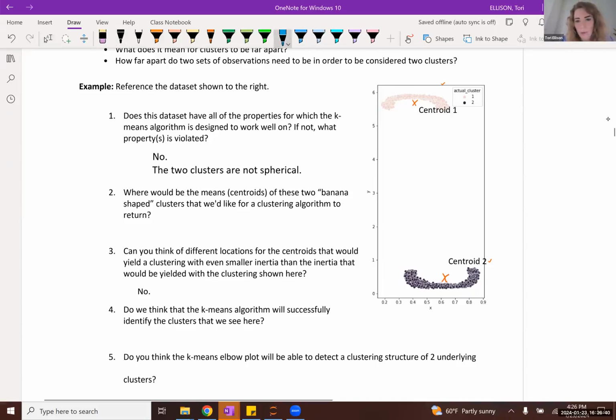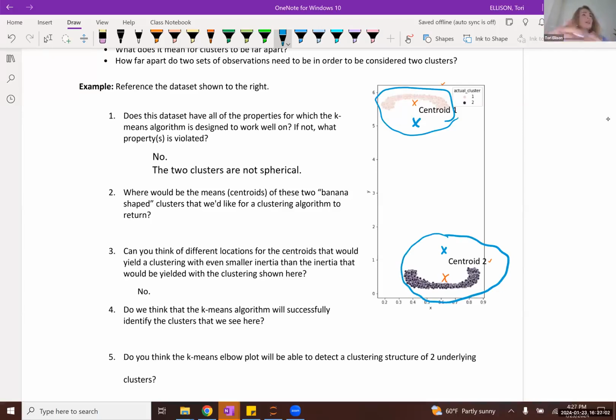Particularly, where might we put them such that we don't end up getting the same clustering altogether? It's possible that maybe we could have put a centroid here and a centroid here, but nonetheless, each of these observations are still closest to this centroid, and each of these observations are still closest to this centroid. So we would end up with the same two clusters nonetheless.